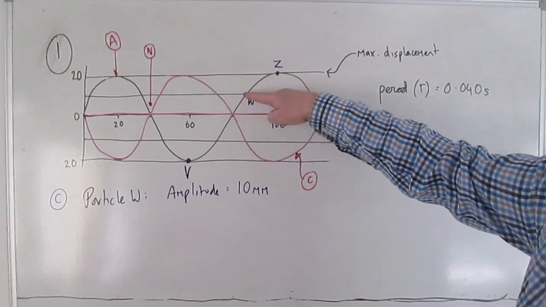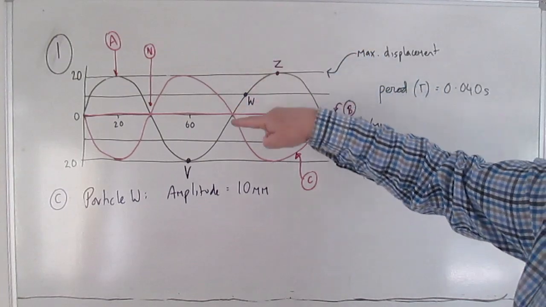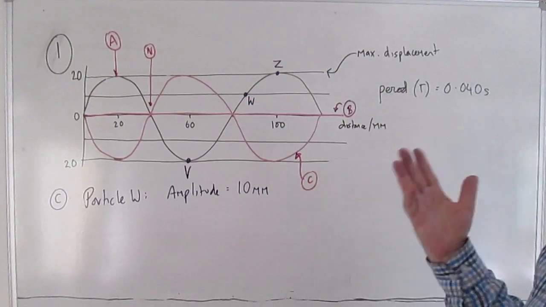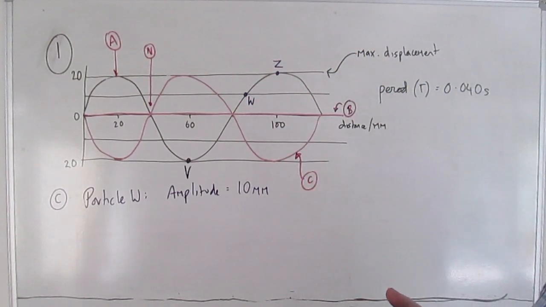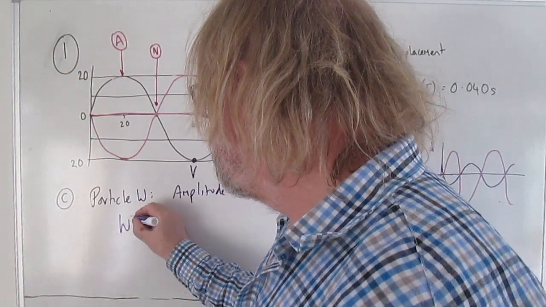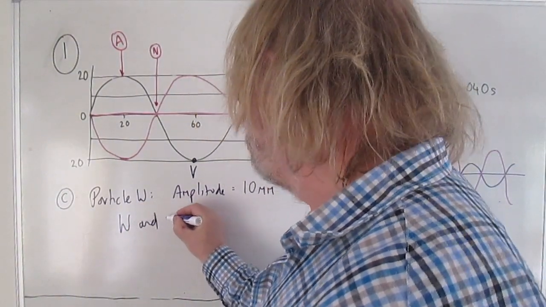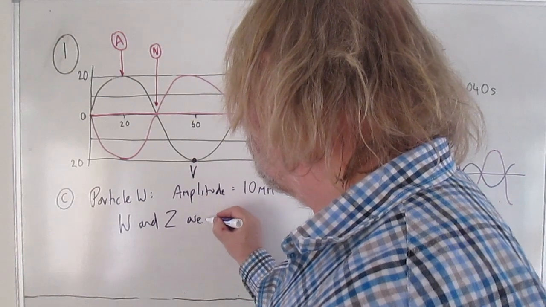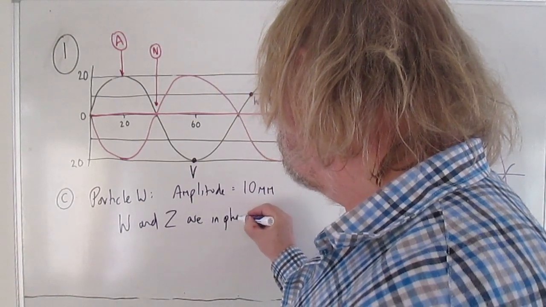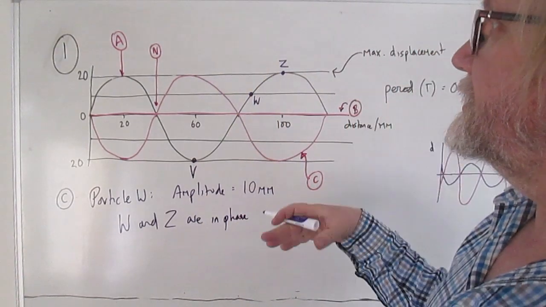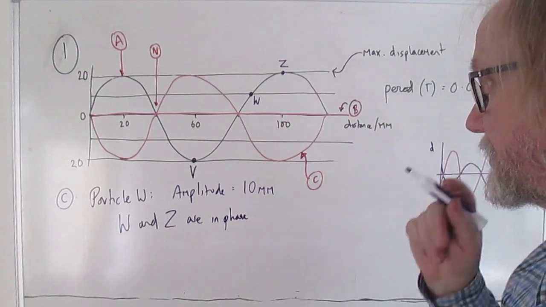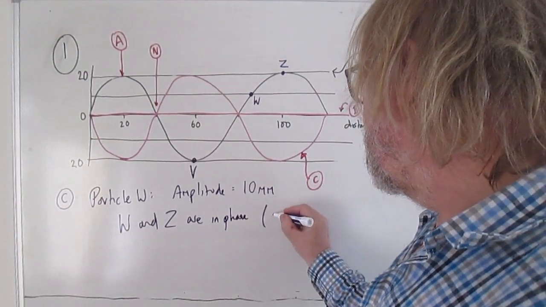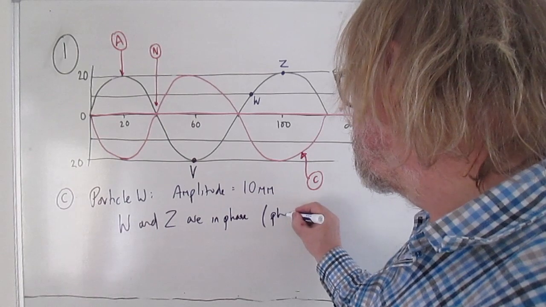So all of the points within that arc have the same phase, they're all in phase, and the phase difference is 0. So we say that W and Z are in phase, meaning they're at the same point in their oscillation cycle. In other words, the phase difference is 0.